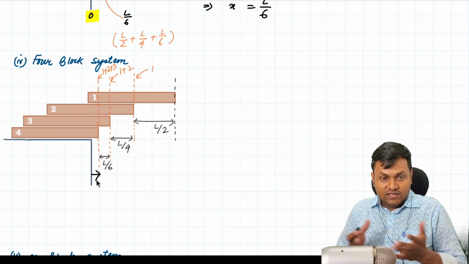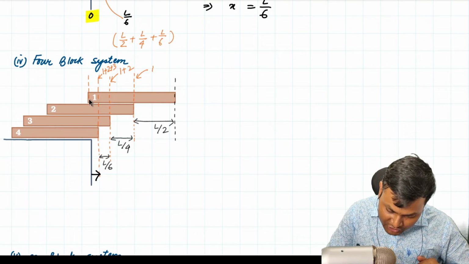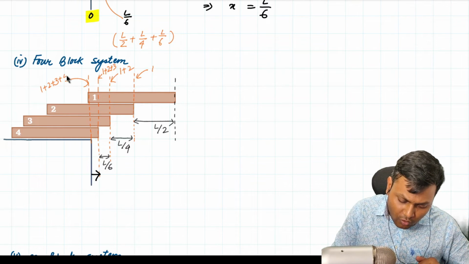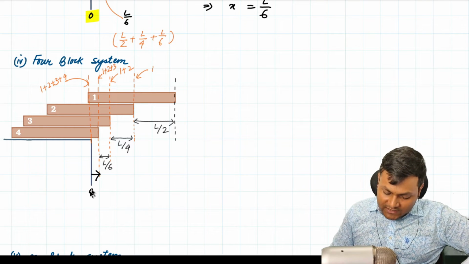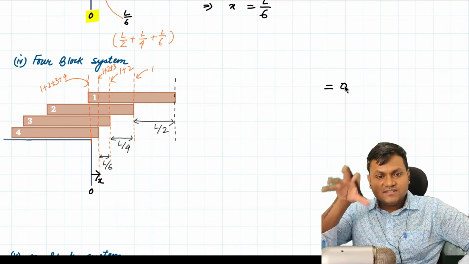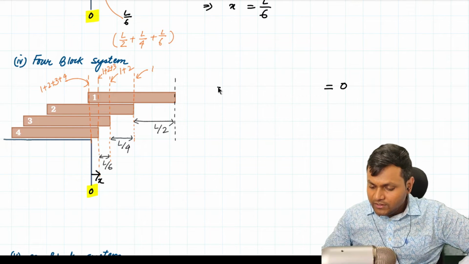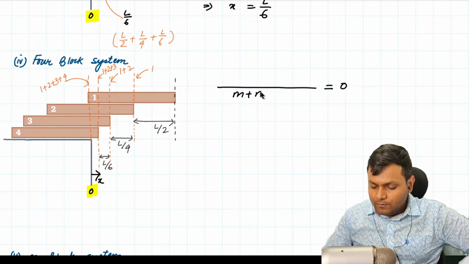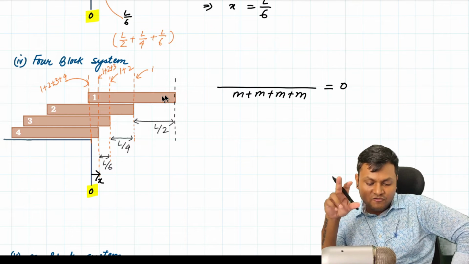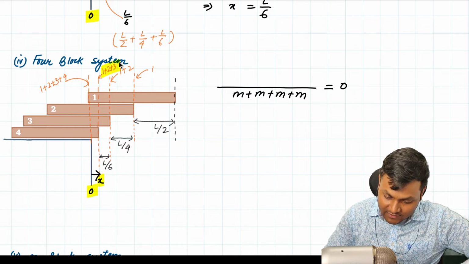So the remaining distance that I'm interested in finding is this particular distance. Where should the center of mass of 1, 2, 3, and 4 combined be? It should be on the edge of this table. So 1 plus 2 plus 3 plus 4 combined should have a center of mass at, let's suppose, x equal to 0, where this is x. In that kind of a situation, if the center of mass of the entire system combined is at this reference of 0, then in the denominator you will of course get 1 plus 2 plus 3 plus 4. And then you will have the center of mass of 1, 2, and 3 combined at a distance x, here.